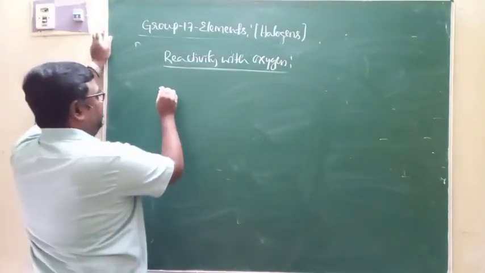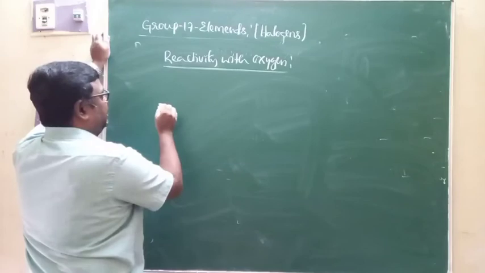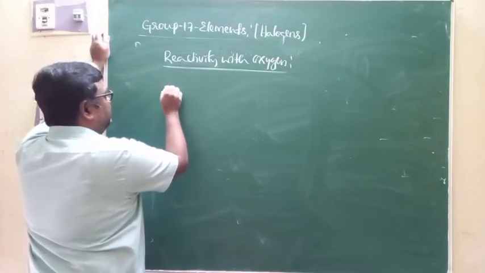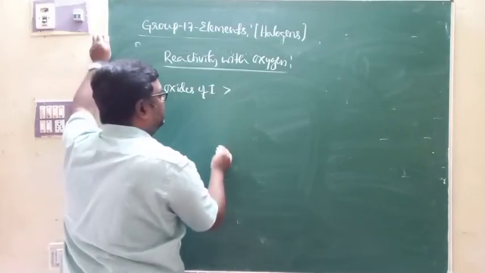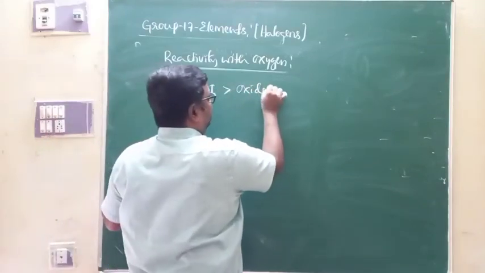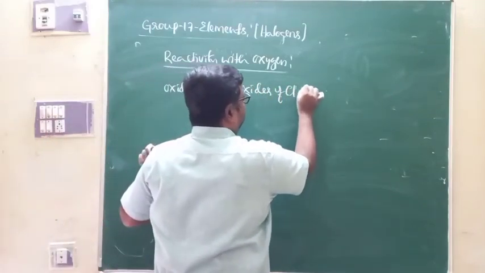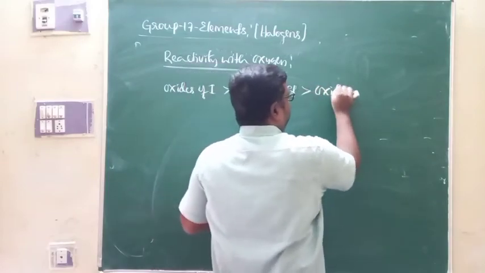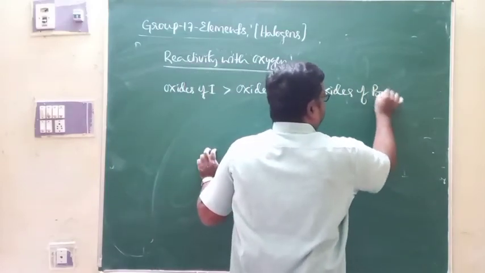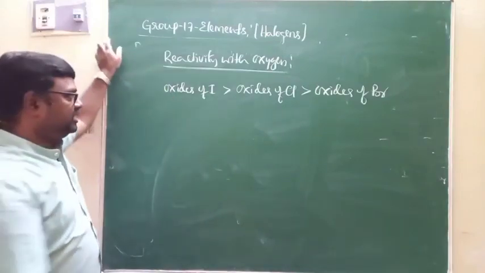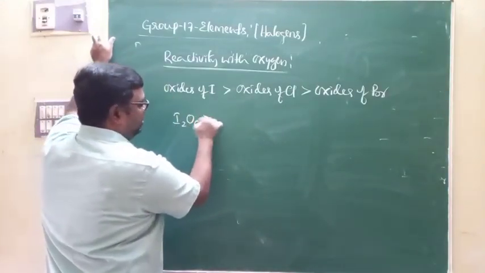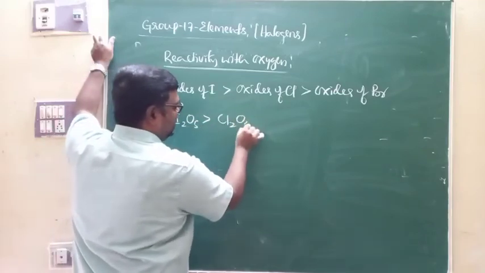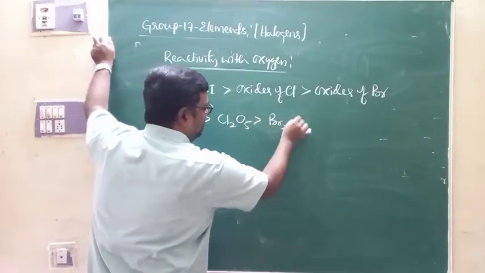As far as oxides of halogens are concerned, oxides of iodine will be more stable than oxides of chlorine. It will be more stable than oxides of bromine. This is the order that you have to remember. For example, one of the oxides of iodine, I2O5, is more stable than Cl2O5, is more stable than Br2O5.